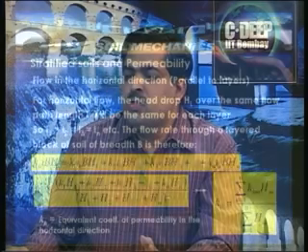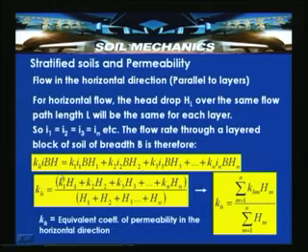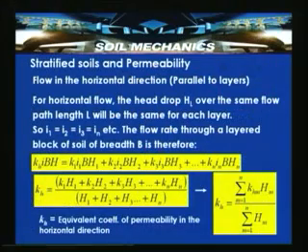In this case, using Darcy's law again, we can write the flow rate as KH, which is the equivalent coefficient of permeability of all the layers in the horizontal direction, times I, the hydraulic gradient, which is nothing but HL by L, times B, the width perpendicular to the plane of the figure shown in this slide, times H, the total thickness of the layers.